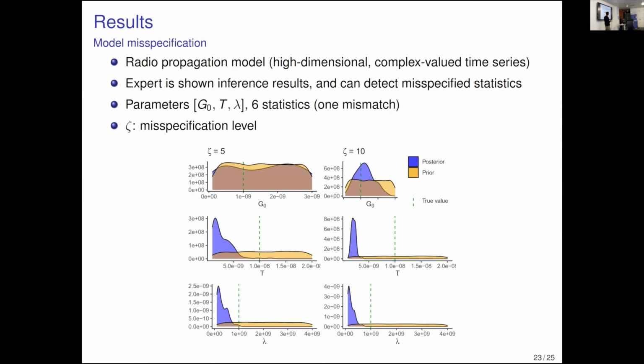Whenever the model is misspecified, the observed statistics will lie outside this point cloud. So you could detect it with some sort of out-of-distribution detection right there, instead of running the inference and then guessing that it might be misspecification.